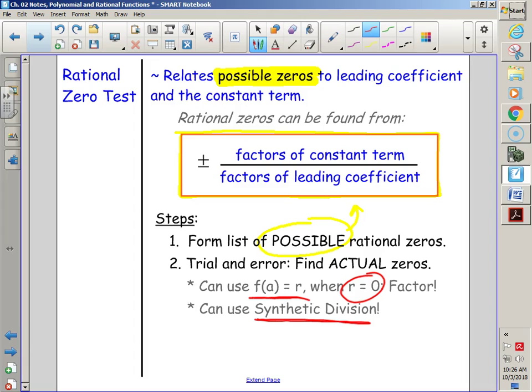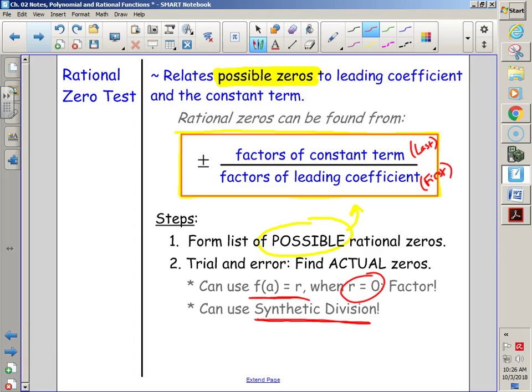Leading coefficient will always be, well, leading, the one in front of the highest degree term. So you could think of it as plus or minus the last coefficient over plus and minus the first coefficient. And technically, if you did it of each, it would be a plus or minus of the whole combination.